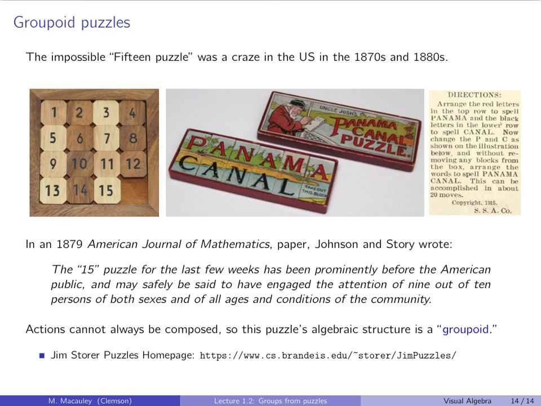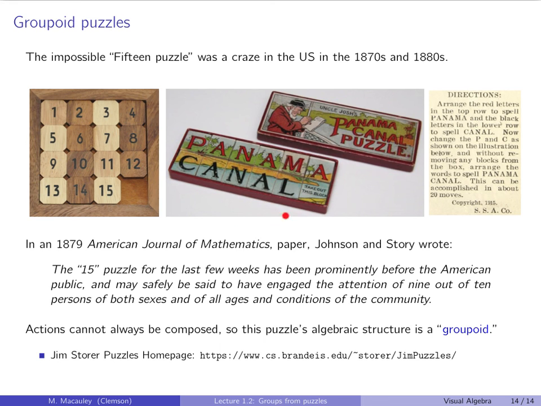It just doesn't have the closure of the actions. Now, there are group theoretic ways to represent the states and the actions in here. So you can actually realize this as a group action, which is a topic of chapter 5 in this series of lectures. So it's not to say that there aren't groups involved, it's just not as straightforward as every possible action is an element in the group and can be composed.